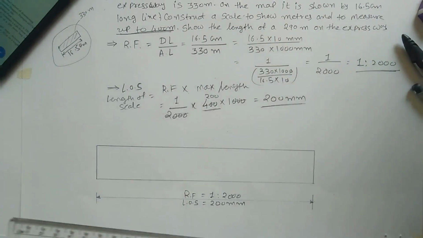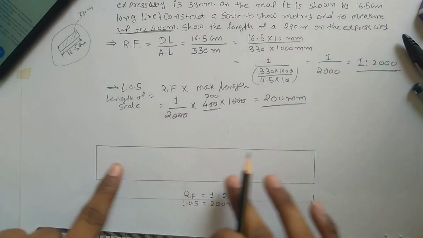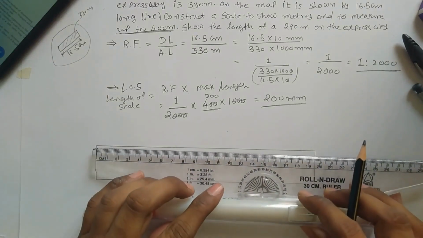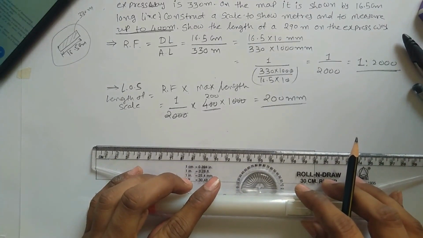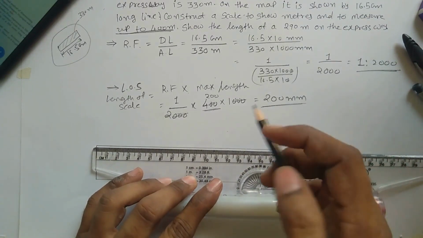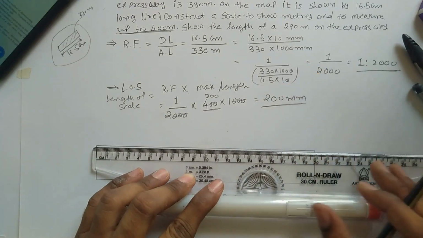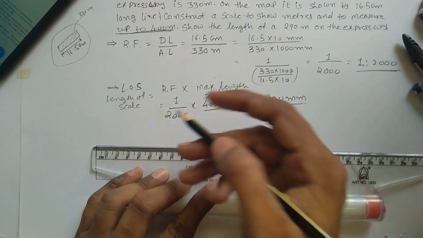In the same way you have to divide this scale in such a way that you can measure below 400 meters. So we are going to divide this 20 into 4 equal parts, because this is ideally to measure 400 meters.